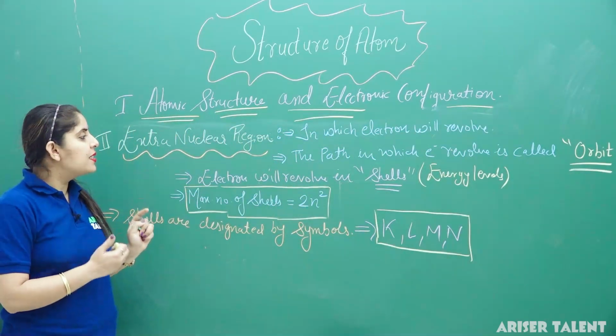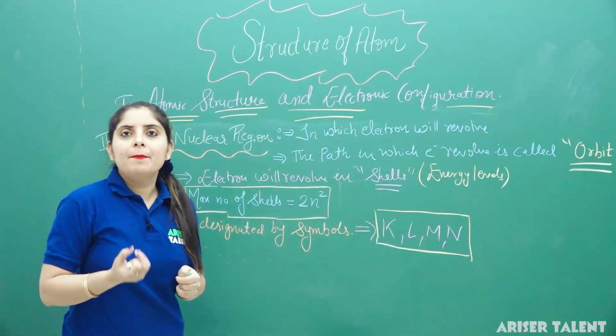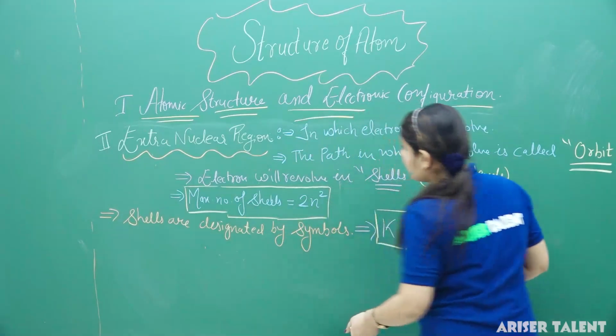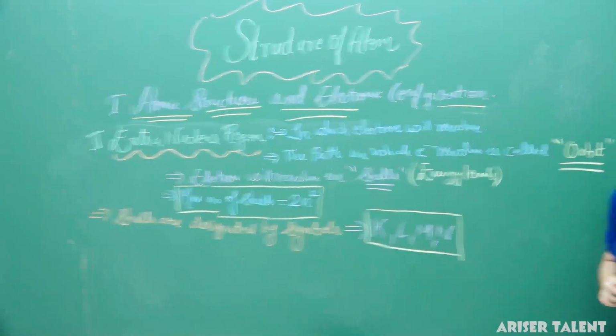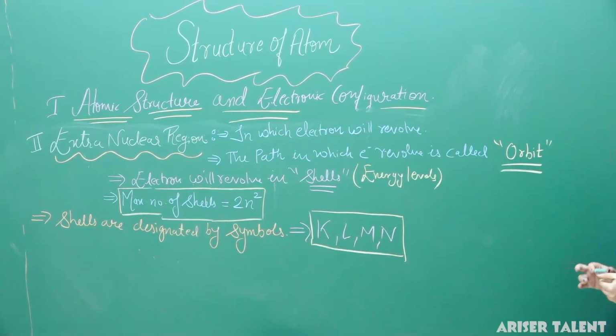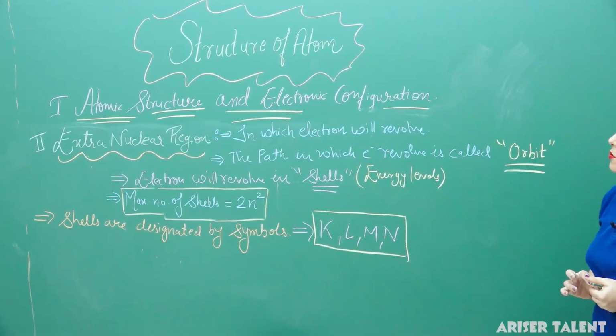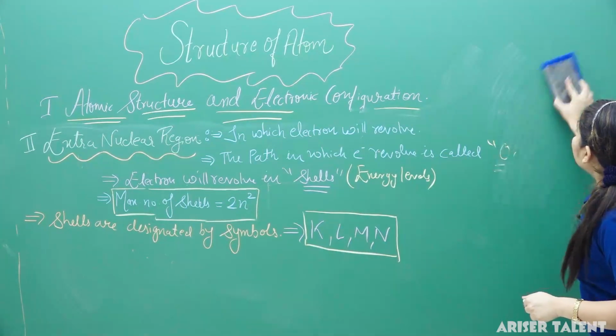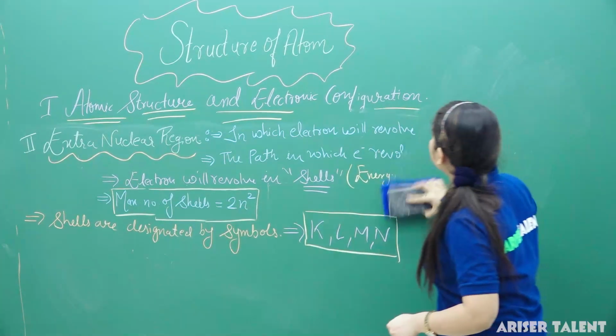So now we will see how many electrons will be embedded in one shell. If someone wants to copy it, please copy it. Now we will calculate the maximum number of electrons in a particular shell.